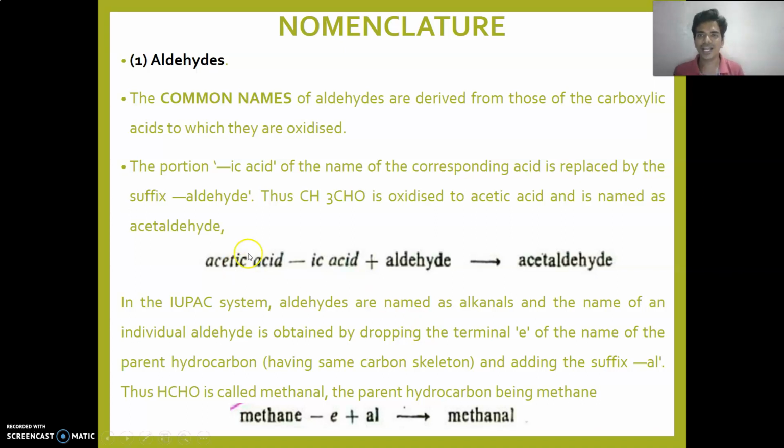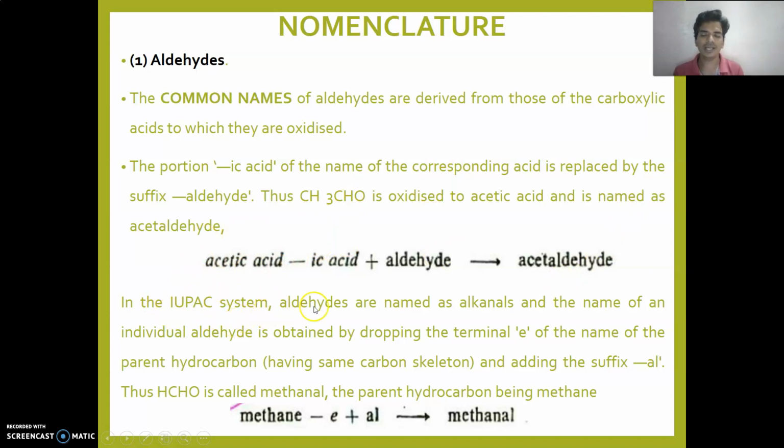For acetic acid, we replace the -ic acid ending of the corresponding acid with the suffix aldehyde, so it becomes acetaldehyde. So CH3CHO is oxidized to acetic acid and is named acetaldehyde. This is an example of naming acetaldehyde.